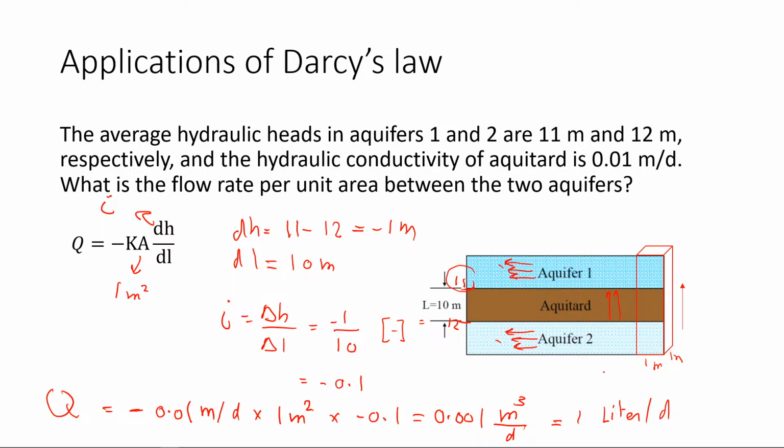Over a volume of 10 cubic meters, you only get 1 liter per day. The minimum water you should drink each day is 2 liters, so that's not enough even for one person. That's why we say there is almost no flow here.